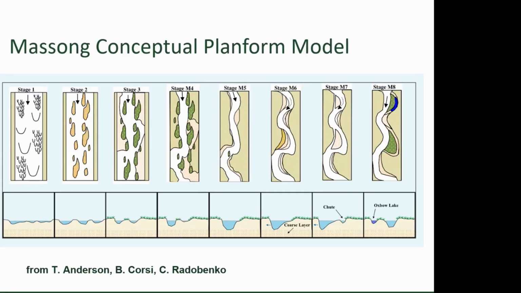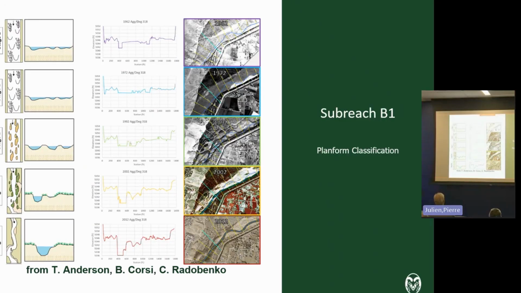Tamara Massong was working here at USBR, and she developed a classification based on the Rio Grande, stage 1 all the way to 8, to which Drew, with a lot of input from our reviewers, added a cross-section profile that goes wide and shallow all the way down to a single channel here, or some with oxbow lakes and so forth. So we slightly modified this scheme. And the kind of things we're doing is really to tie in the fluvial geomorphology from the classification.